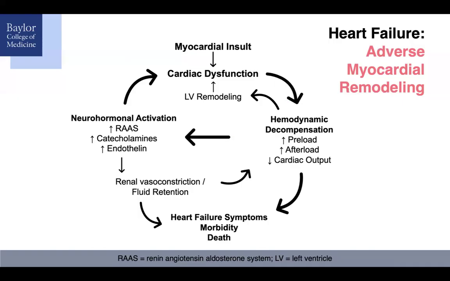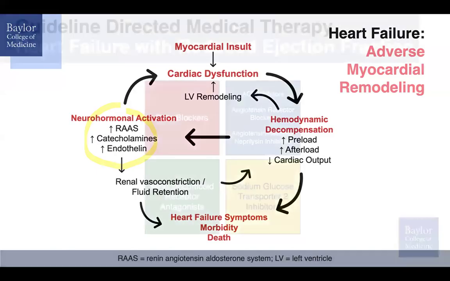In addition to that, these hemodynamic decompensations lead to neurohormonal activation: the renin-angiotensin-aldosterone system is activated, increased catecholamines, increased endothelin levels. All of this leads to renal vasoconstriction and fluid retention, which propagates the heart failure symptoms. And we're targeting this neurohormonal activation to abrogate the progression of heart failure.